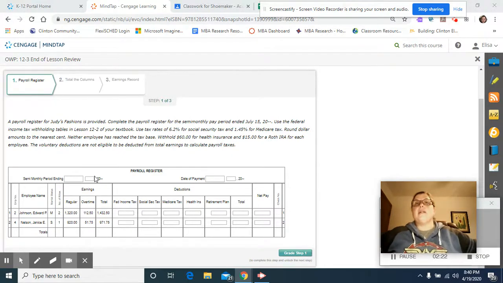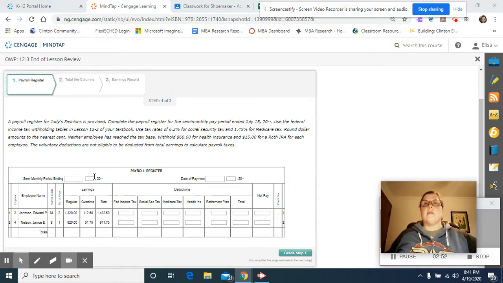The voluntary deductions are not eligible to be deducted from total earnings to calculate your payroll taxes. Okay, so they are not eligible to be deducted. That means that they don't get a tax break for participating in them. Whenever you hear that you get a tax break for being a part of a program, that means when you report to the IRS, you get to deduct those things from the pay, and then that ends up being the amount.